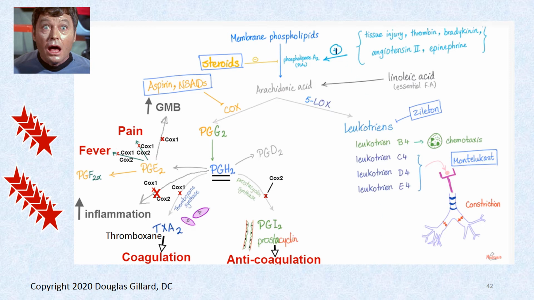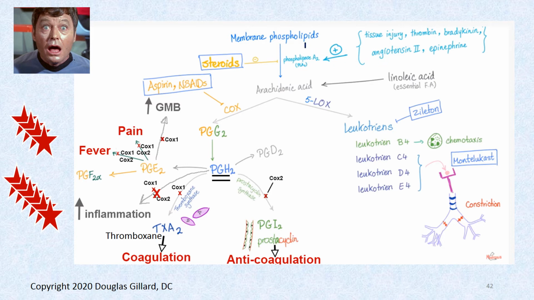But just as a refresher, remember when you have an injury, the membranes of your microcirculation, remember microcirculation is in all the tissue. So if you injure a tissue, there's microcirculation there. It releases phospholipids, and phospholipids come into contact with something called phospholipase A2 or PLA2. And there's other things.